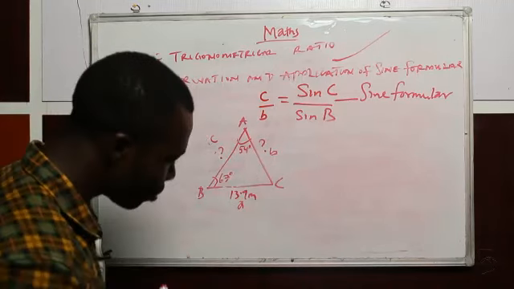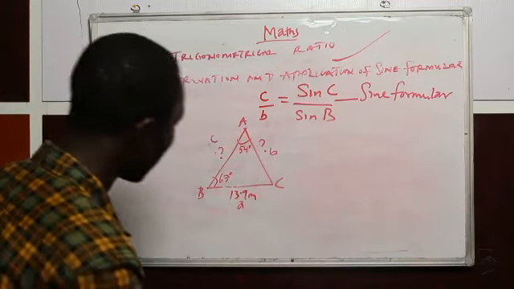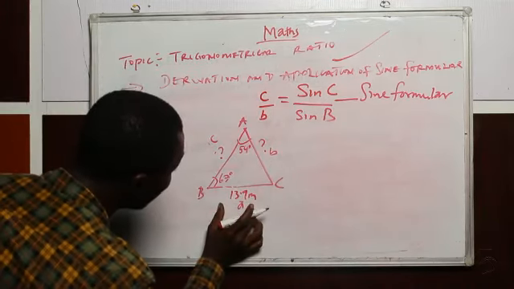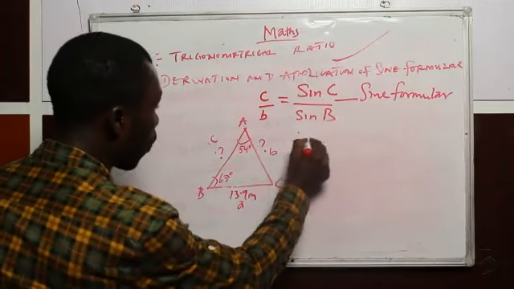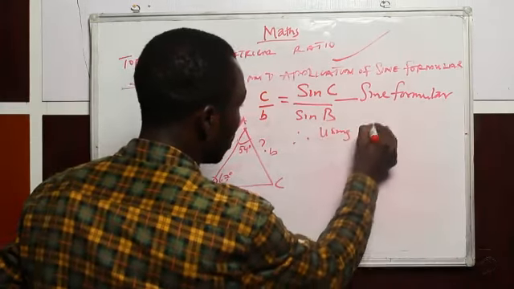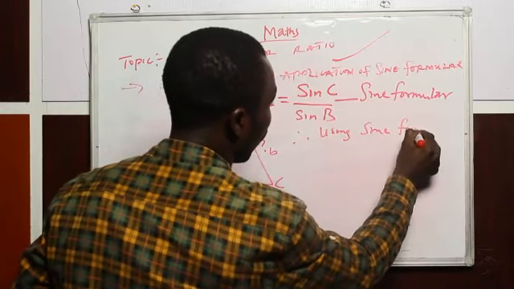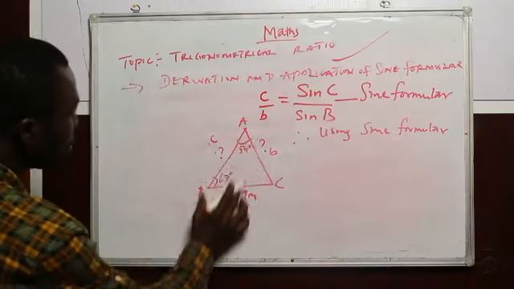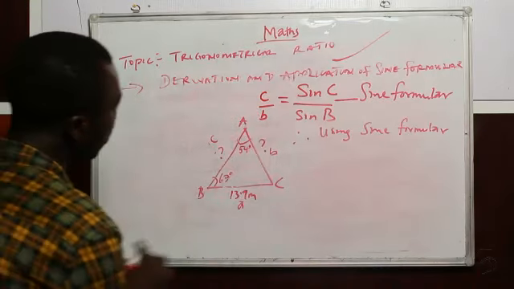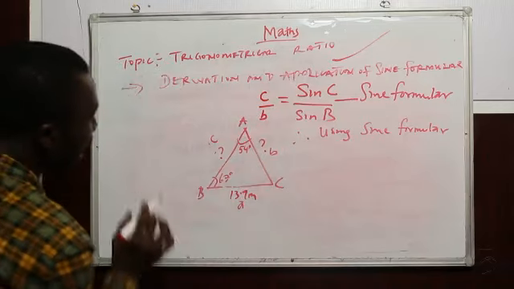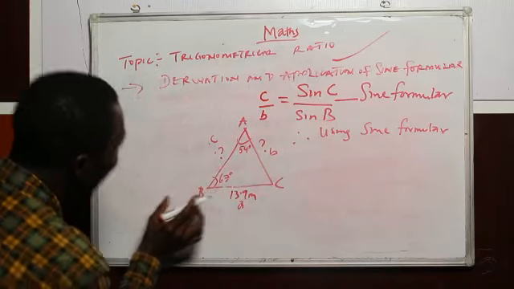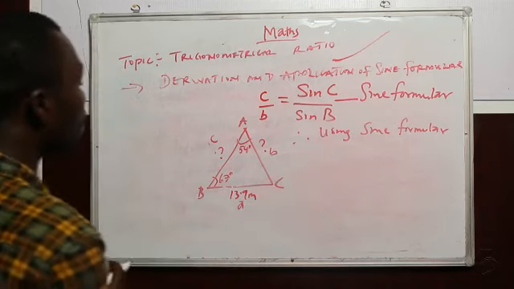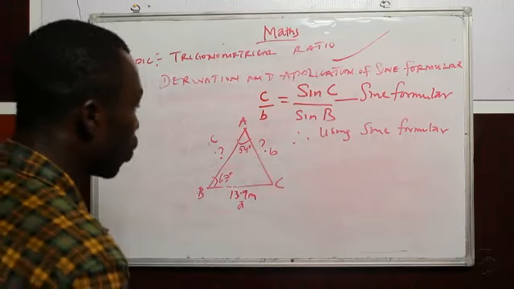So in trigonometry ratio, using the sine formula, our angle is always denoted with a capital letter and our side is always denoted with a small letter. Therefore, using the sine formula, let us consider angle A, side b and angle B, because two angles have been given, but only one side we do not know.